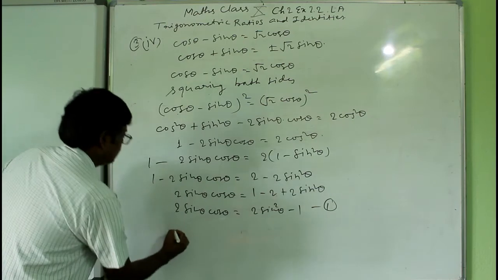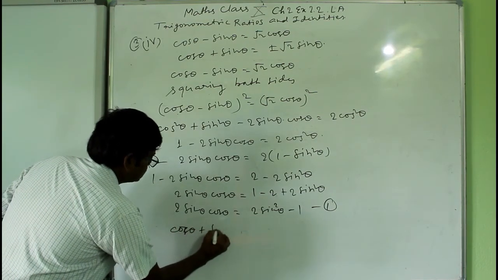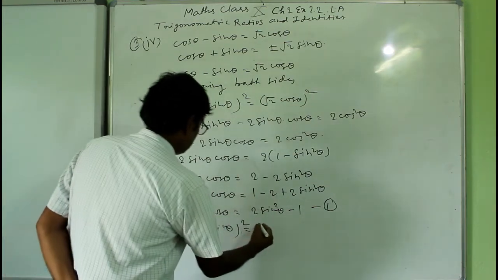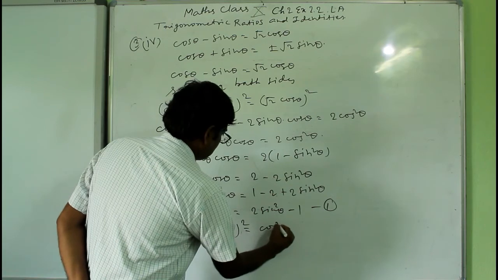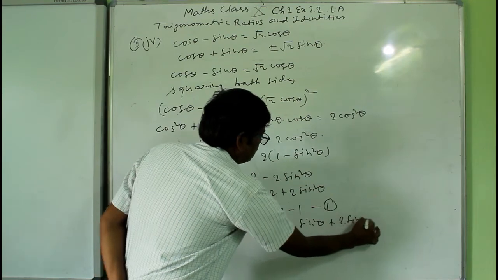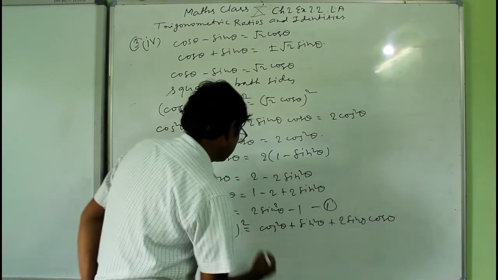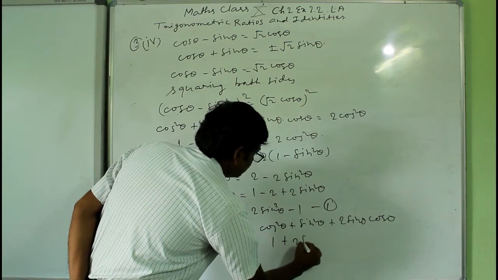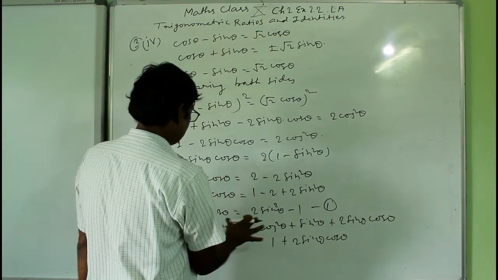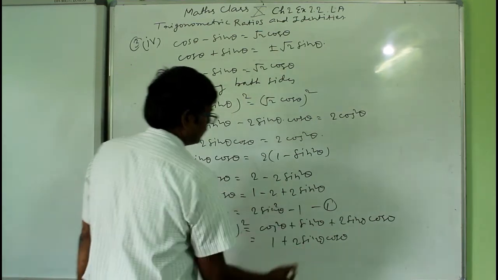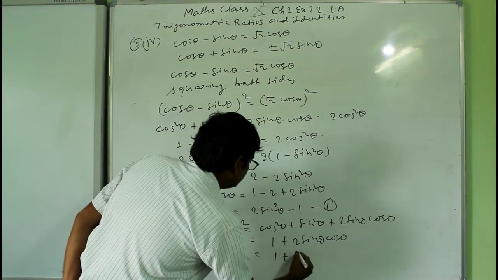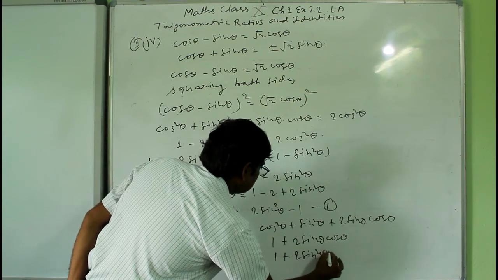Then next is cos theta plus sin theta whole square, equal to cos square theta plus sin square theta plus 2 sin theta cos theta. Okay, and this is 1, so 1 plus 2 sin theta cos theta. Now here we have to use this value. So it will be equal to 1 plus (2 sin square theta minus 1).